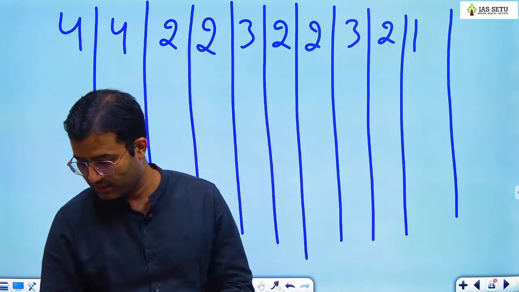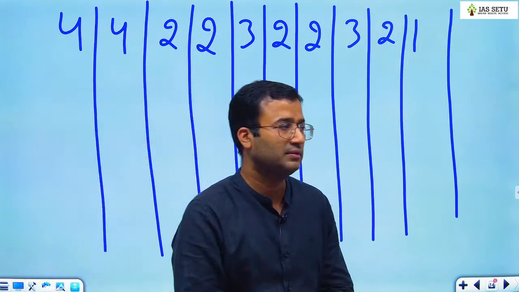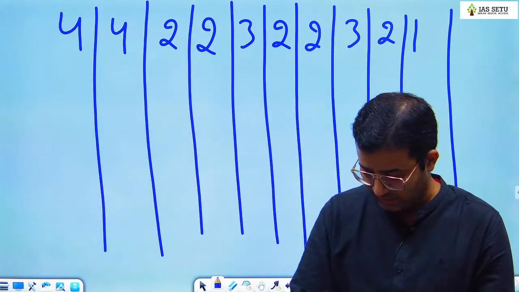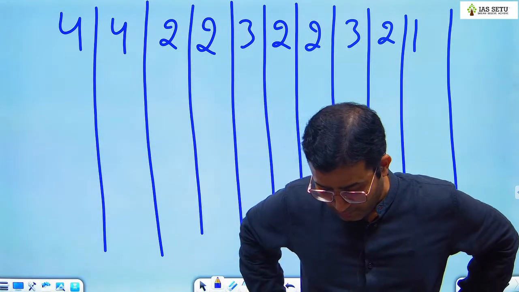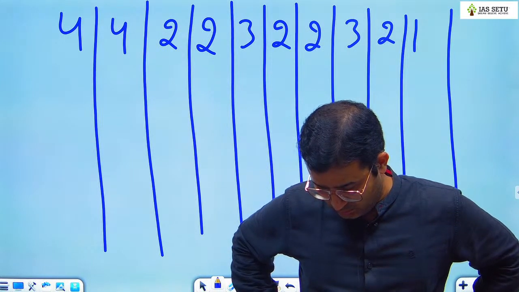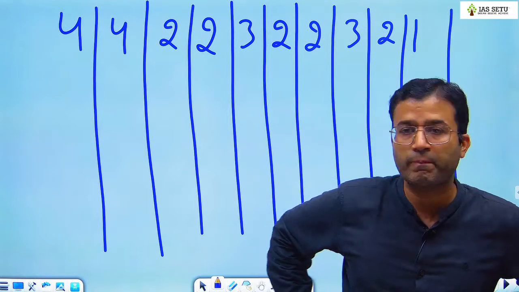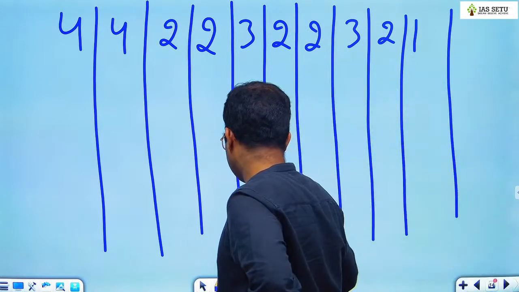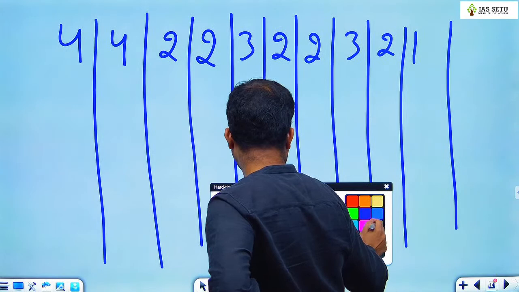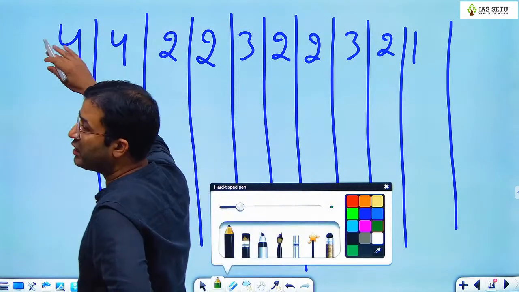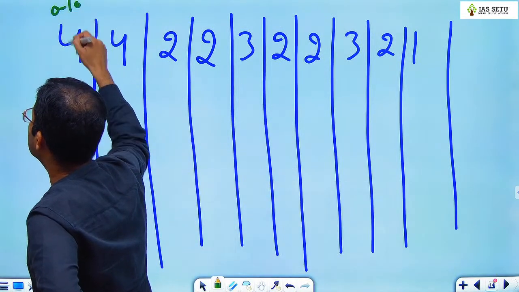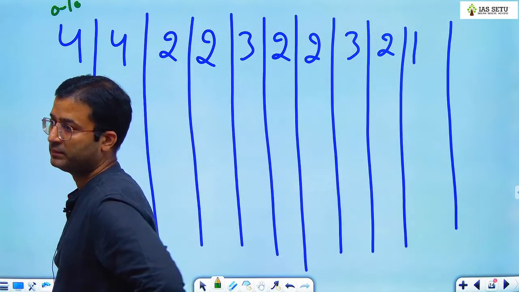Okay, see here how we use it. It gives the range 0 to 10. 0 से 10 के बीच में there are 4 prime number.